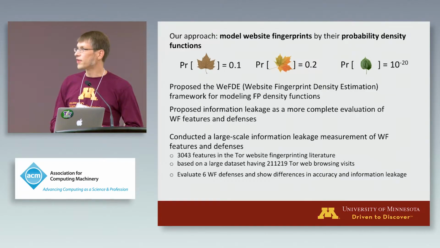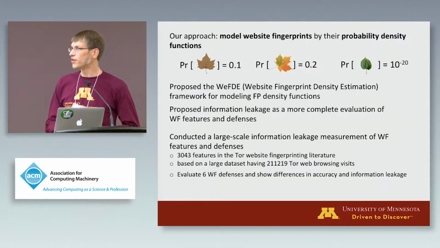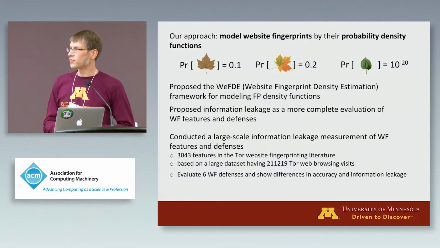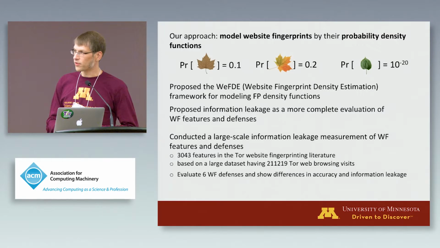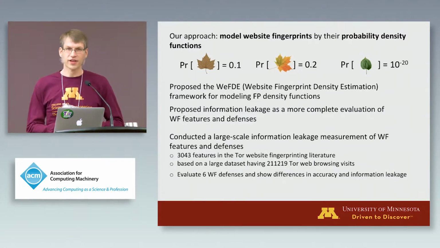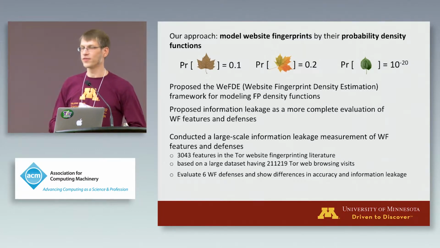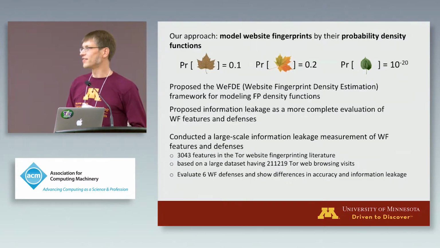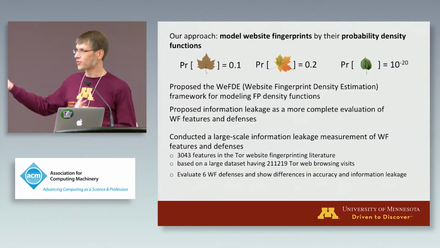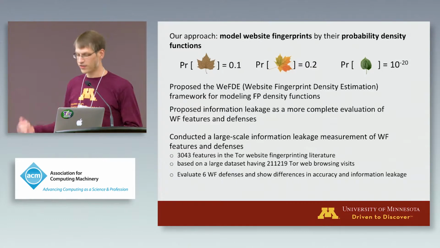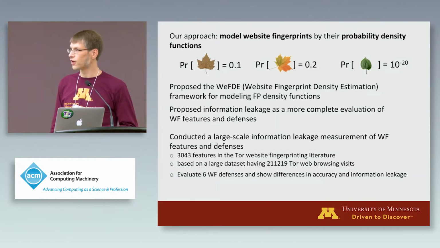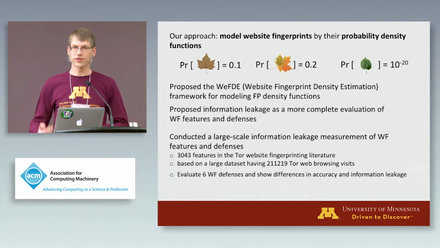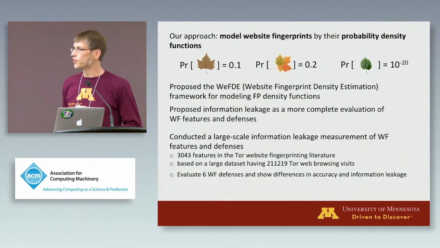And he also then conducted a large-scale information leakage measurement of website fingerprinting features and defenses. So he, at the time, 2015 or 2016, went through all the literature on Tor website fingerprinting attacks and extracted a list of 3,000 different features that at least one paper had used to try to classify Tor traces, and extracted those from a large data set of Tor web browsing visits that he collected using the Tor browser crawler, and then measured how much information is in all these different features, how they compose, which are more revealing, and so on.